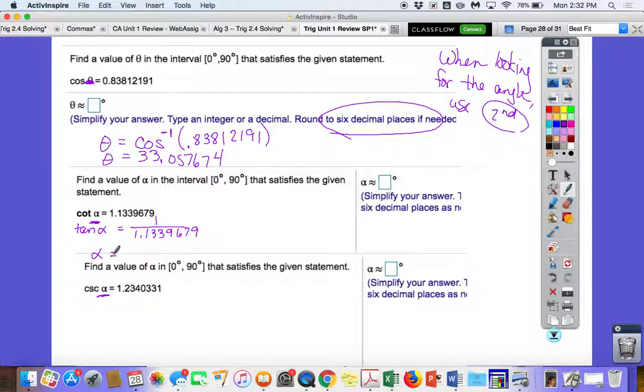So alpha is equal to the inverse tangent of this crazy fraction. So that's how you know what to type. So I'm starting second, tangent, 1 divided by the crazy decimal, 9678. And I'm just going to have to put it out here.